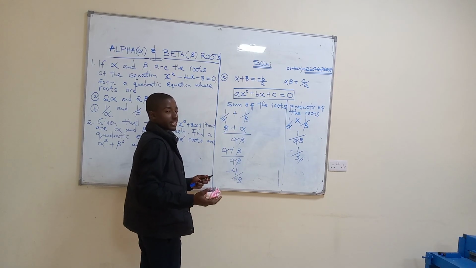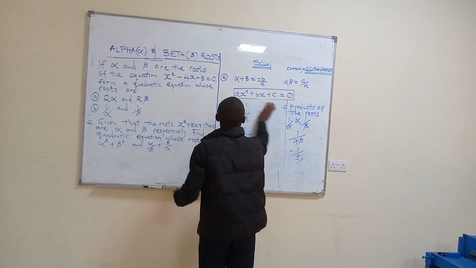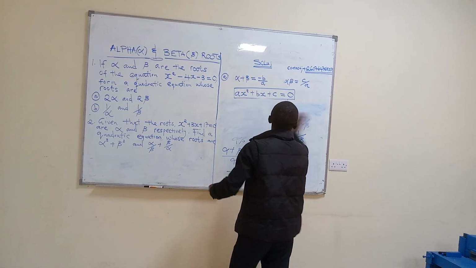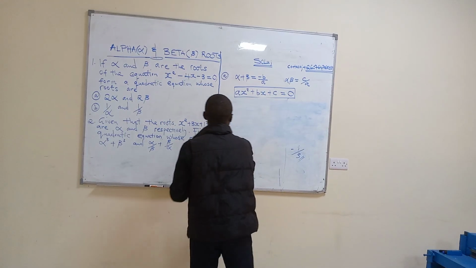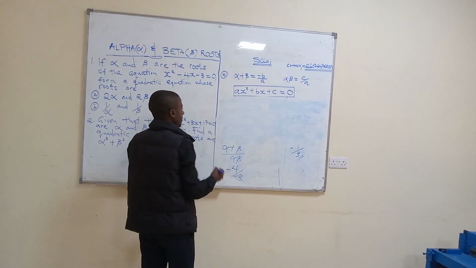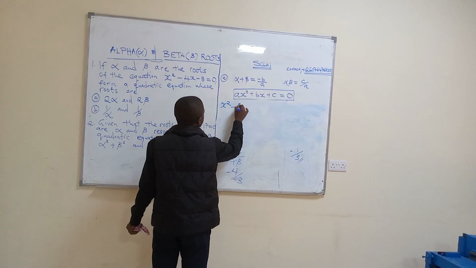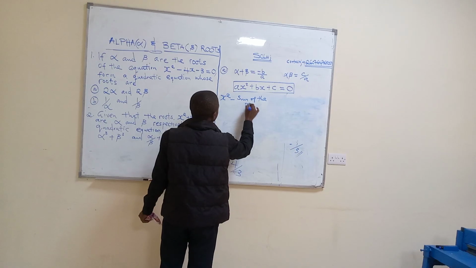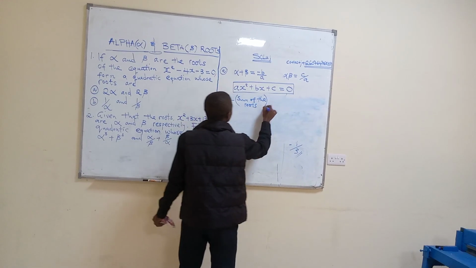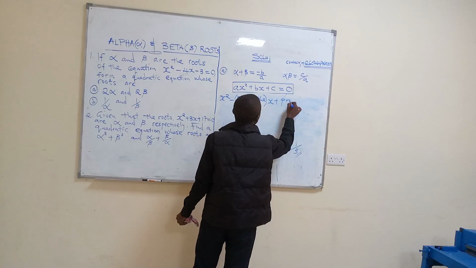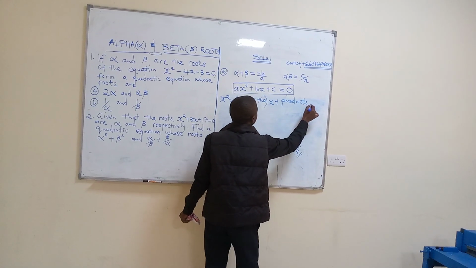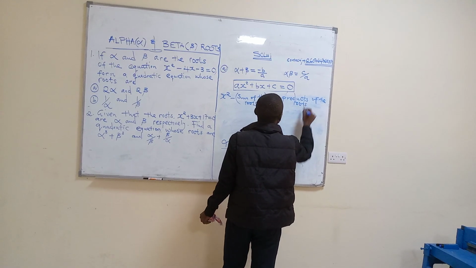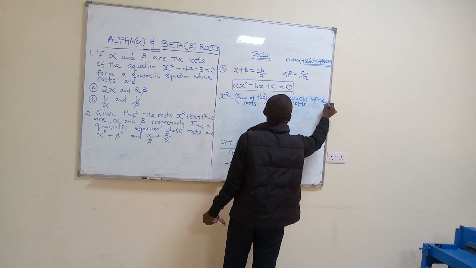Now you write the general expression, that is x squared minus sum of the roots x plus product of the roots is equal to 0.